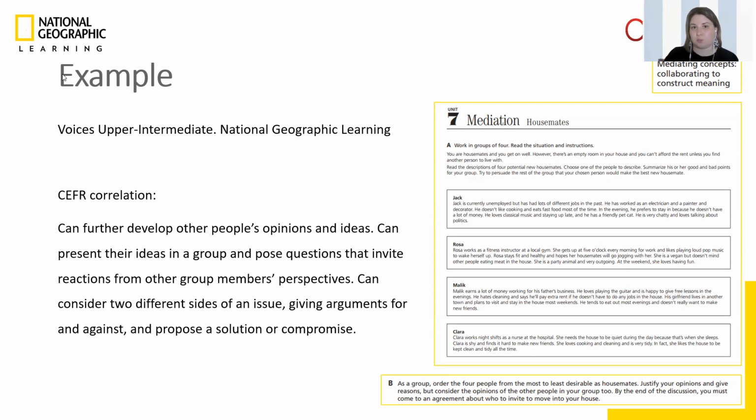Here, the issue is pretty sensitive too: you need to make a choice of a person who will be living with you. So we should be able to collaborate, to convince that our choice is fine, to be an active listener, and finally reach a compromise. Thank you for this comment.